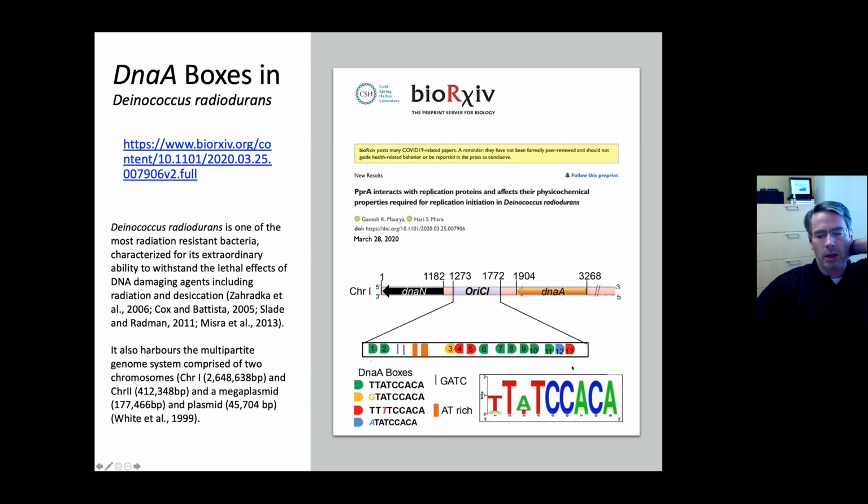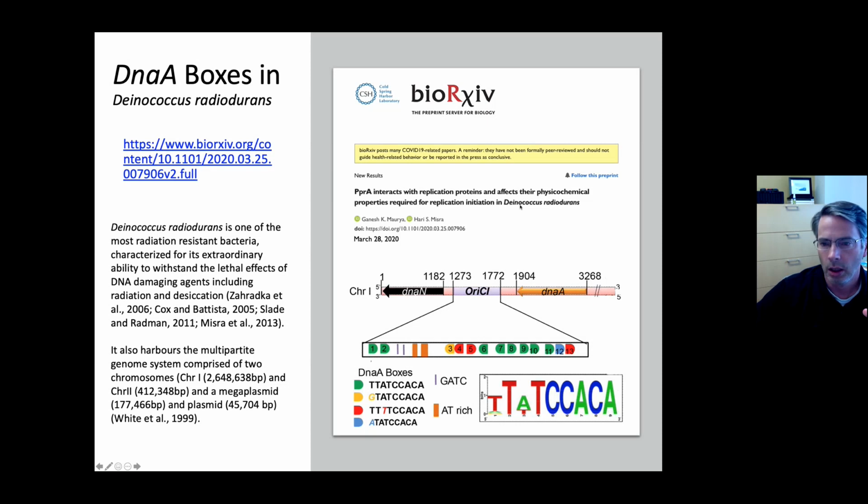So a lot of times if you're reading literature about transcription factor binding sites, you'll see these motif logos, and the height of the letter is how conserved that position is in the transcription factor binding site. So for example, in positions 2, 4, 5, and 6 through 9, it's always that base pair. Otherwise, the DnaA doesn't bind.